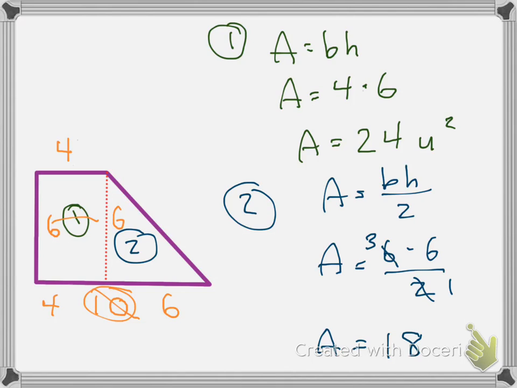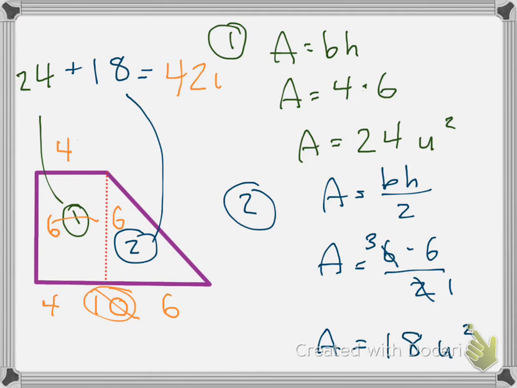Divided by 1 is just going to be 18 units squared. So again, I'm going to add together the area of the parallelogram, which is 24, plus the area of the triangle, which is 18, and we get, for the entire trapezoid, an area of 42 units squared.